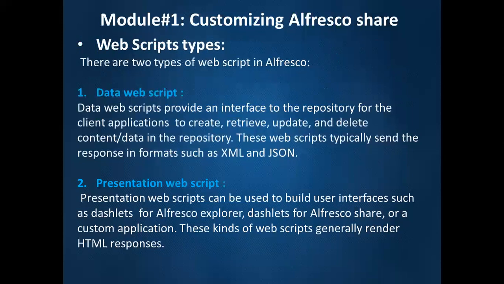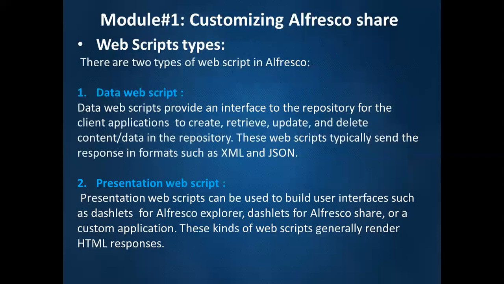The second type is presentation web scripts. Presentation web scripts can be used to build user interfaces such as dashlets for Alfresco Explorer, dashlets for Alfresco Share, or a custom application. This kind of web script generally renders an HTML response. As an example, we can use one to create a dashlet.